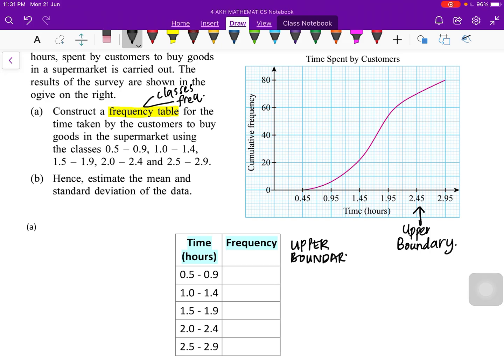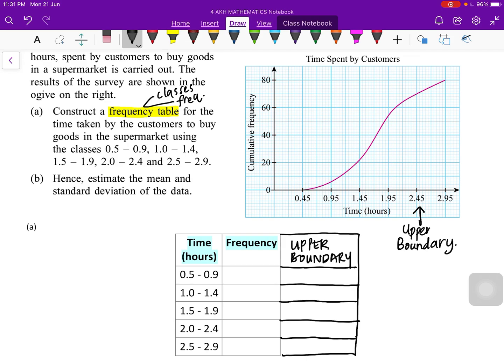Kita tambah lagi satu column. So from the classes, kita tengok. Classes yang pertama, upper boundary is actually 0.95.